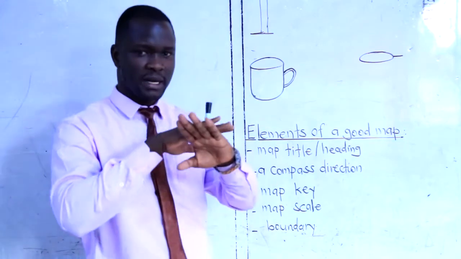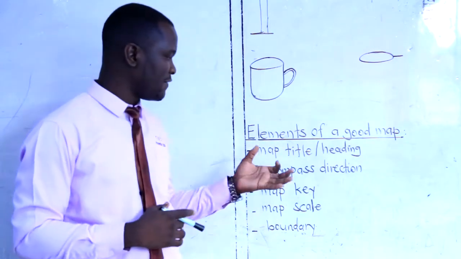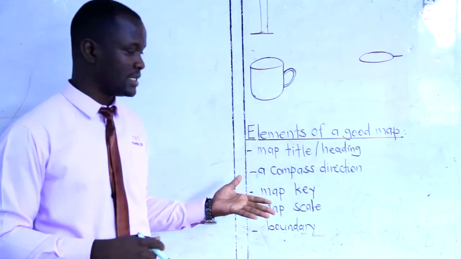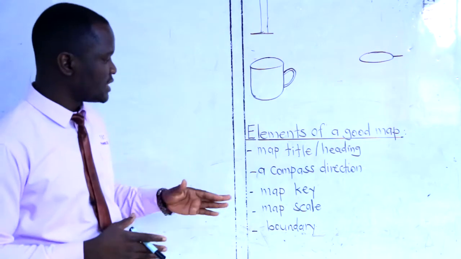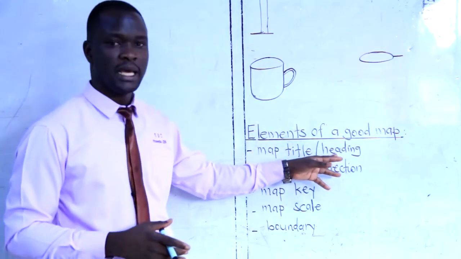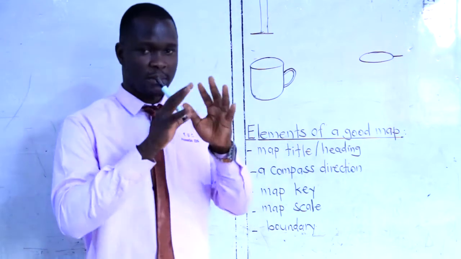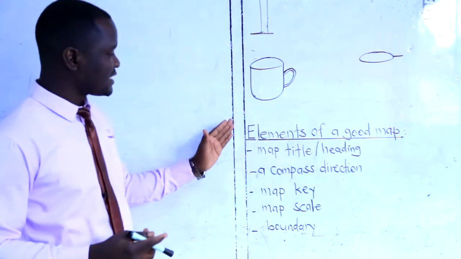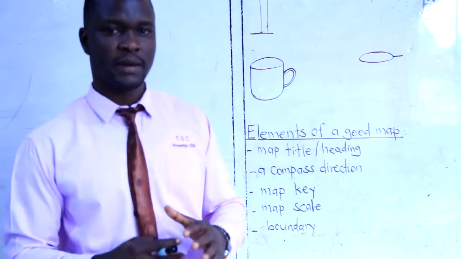Now that one becomes the heading or a title, which means that every map, for it to be read properly and easily, should have the what? The title. Because it is this title that will enable that person reading that map to understand what the map is all about.